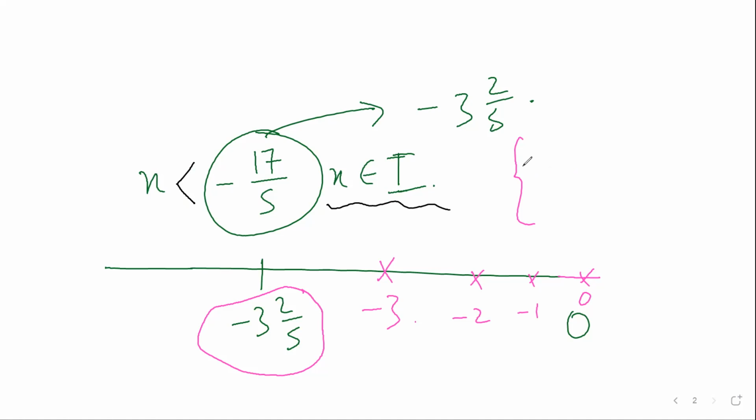See, x is less than minus 3 2 by 5, so the first integer should be less than this. See, these are greater numbers, so the lesser numbers would be on the left side. Minus 4. So what would be the first number? Minus 4. Do we have any doubt about this? No. Okay.